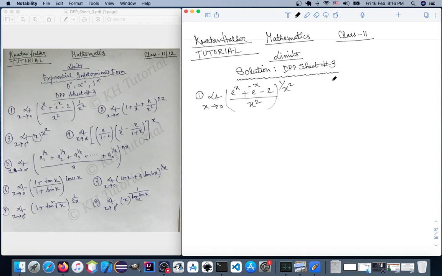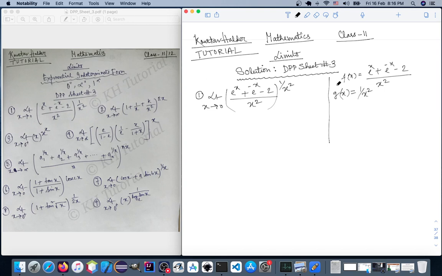Now, to check the indeterminate form, we see f(x) is (e to the power x plus e to the power minus x minus 2) divided by x square, and g(x) is 1 by x square.